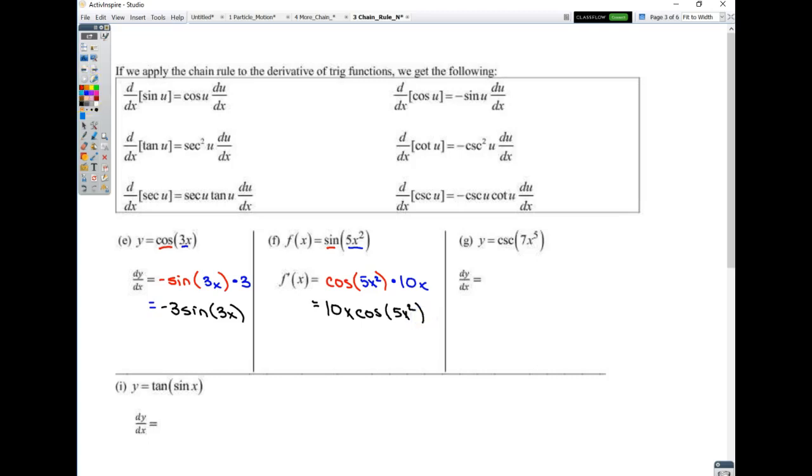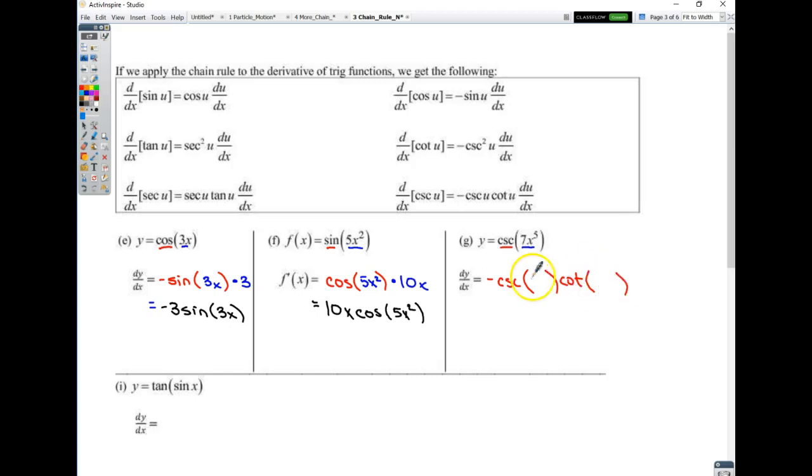And it even works with something as difficult as a cosecant, even though we're not a fan of cosecant. Remember, cosecant is a really goofy looking argument here. But when I take a look, we've got cosecant as the outer function, 7x to the 5th is the inner function. So, derivative of cosecant is the negative cosecant of something times the cotangent of something.